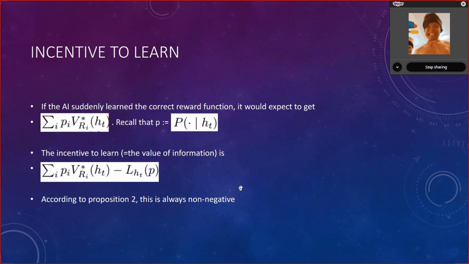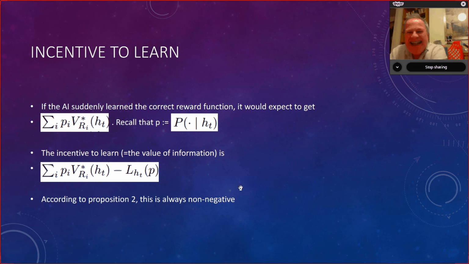Okay, so we'll move on to the incentive to learn. So let's say the AI suddenly gets the correct reward function.